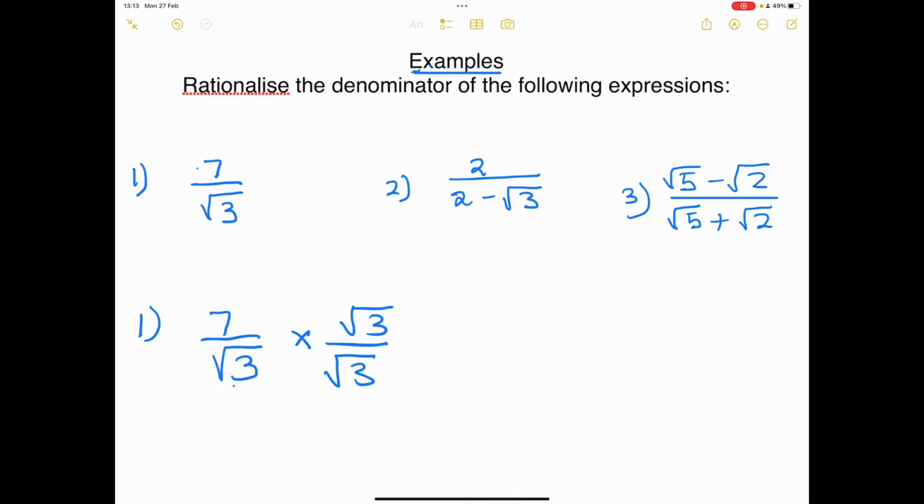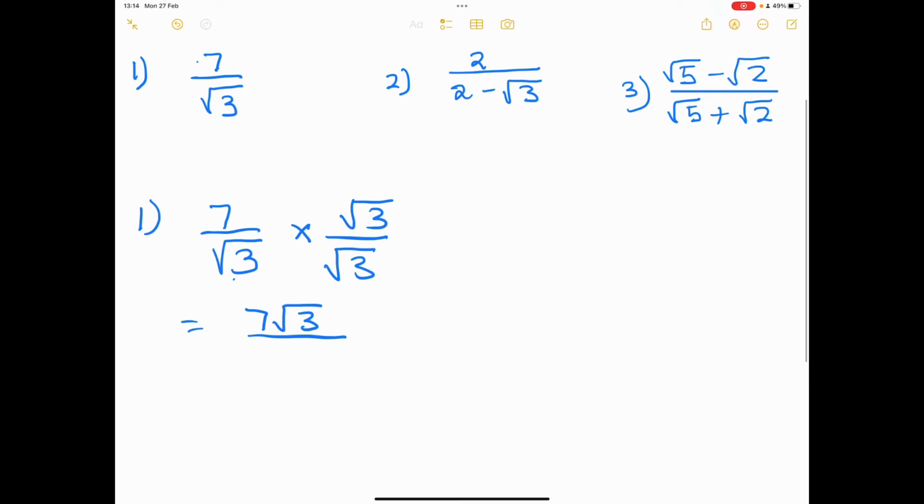In this case, what does that give us? We've got 7 times root 3, which is 7 root 3. But remember, what did we say? We are multiplying root 3 by root 3. That gives us 3, isn't it? So that will be divided by 3. And that will be our final answer.